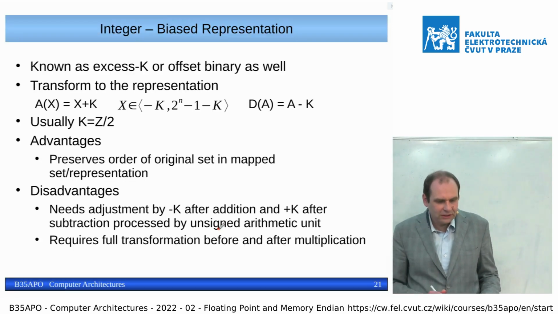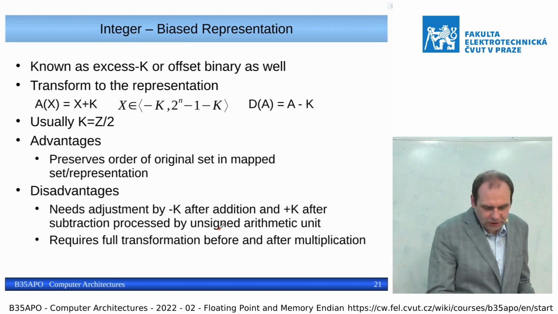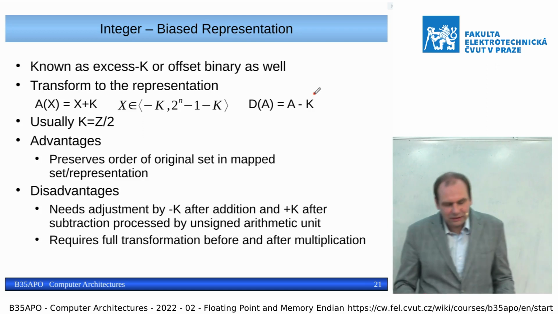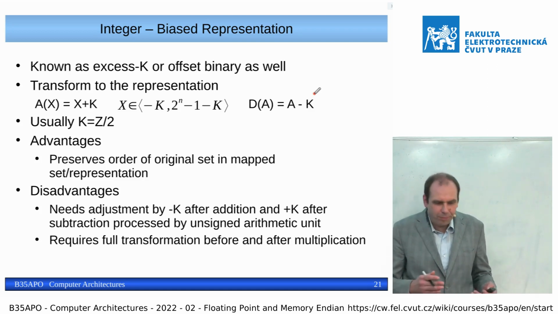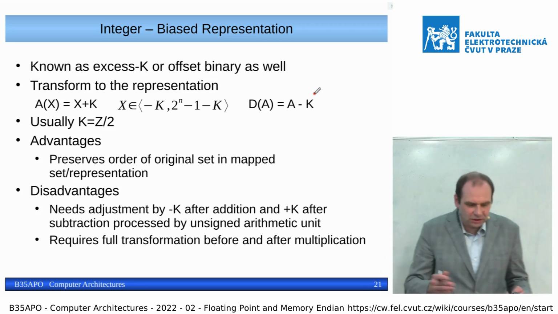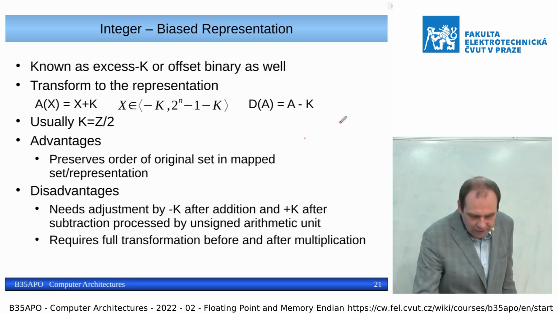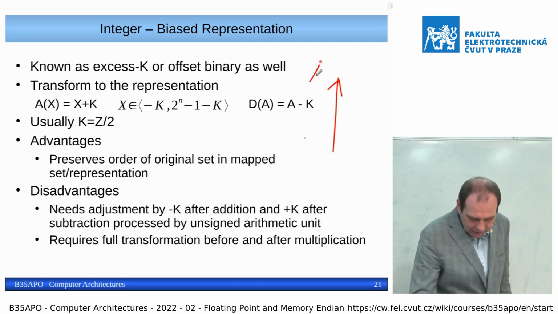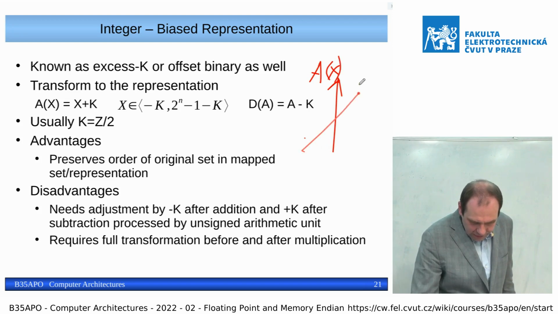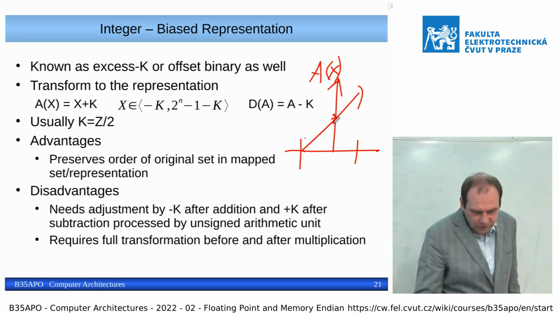We have seen that there is a possibility to use the biased or excess-K representation. It has an advantage that we work only with positive numbers in the representation and that it is linear. So if we have a representation, then we basically go only up, and the arithmetic value is seen here, but the 0 is not the 0.